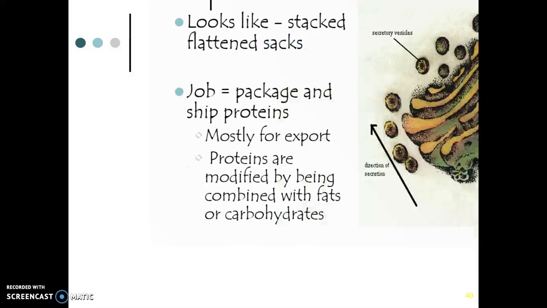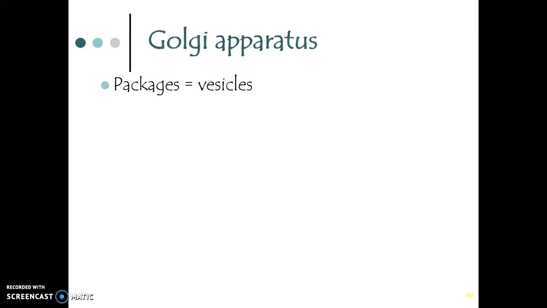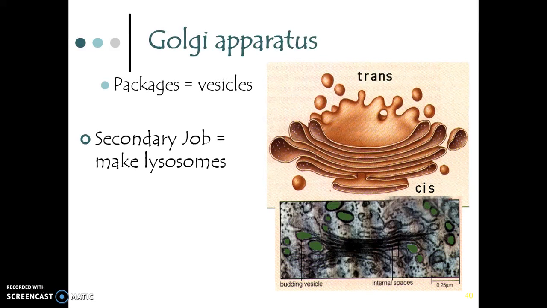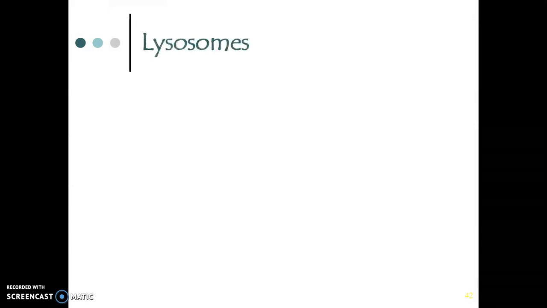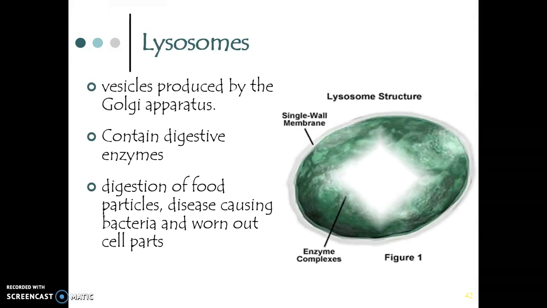But it also has a secondary function, and that is to make lysosomes, which is our last organelle we're going to talk about today, the lysosomes, made by the Golgi apparatus. A lysosome's job is to digest things.